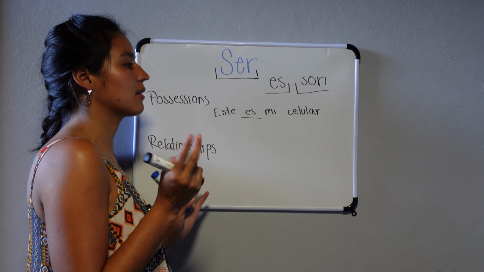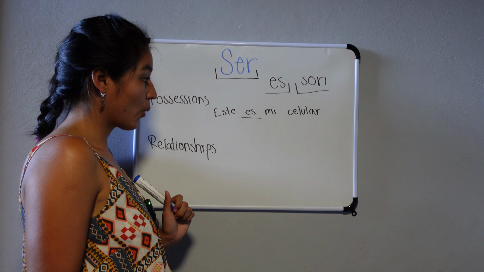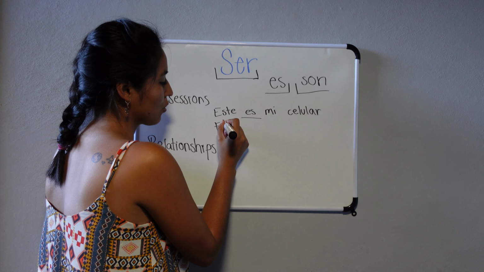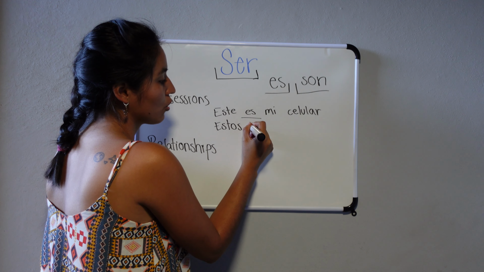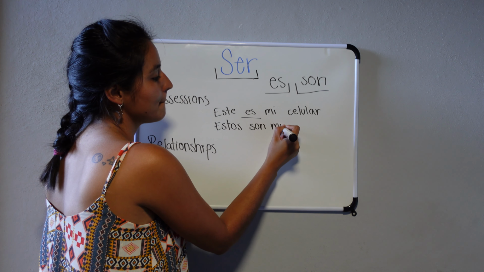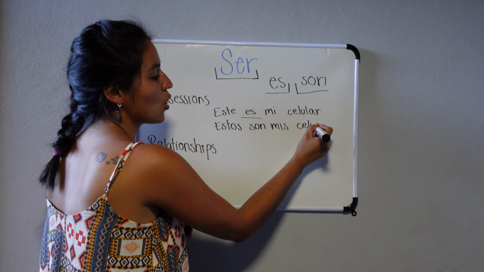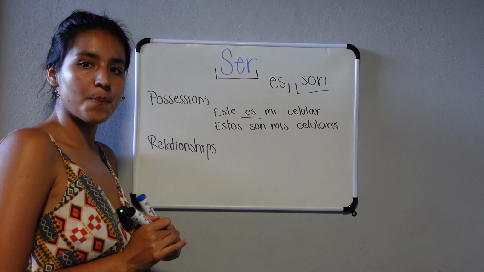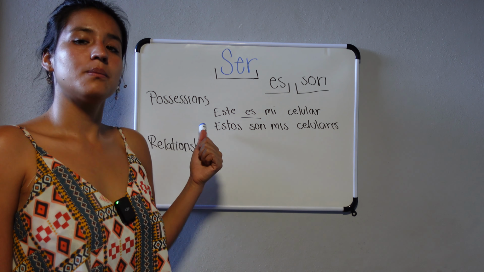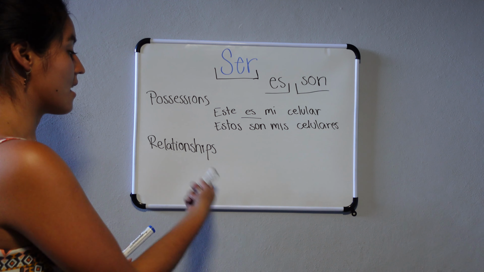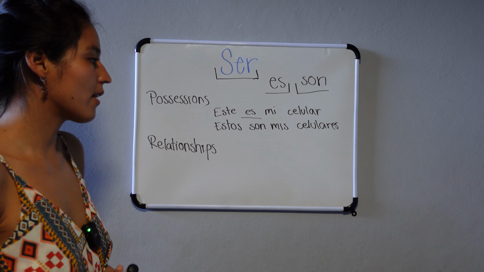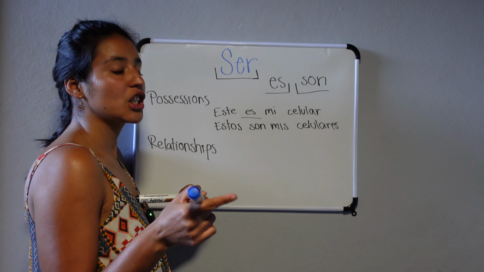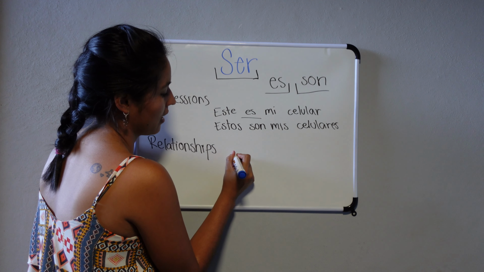What about if I want to make the same, but I want to say, these are my phones, okay? Estos son mis celulares, okay? Singular, plural. Then, relationships. If I want to say, she is my sister. She is my sister.